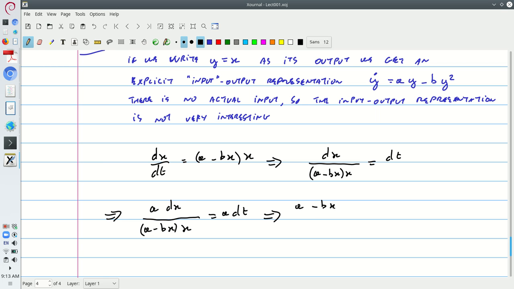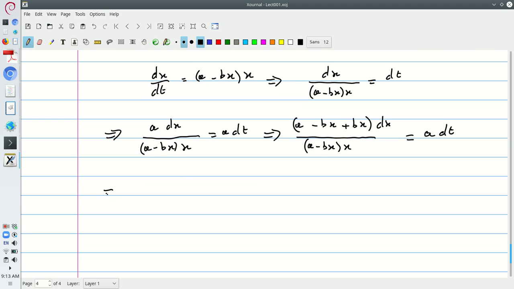So if I write the numerator as a minus bx plus bx, I still have a. The denominator is given by a minus bx times x as usual. And since I haven't done anything on the left hand side after all, the right hand side stays the same.